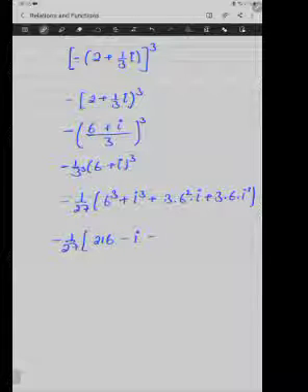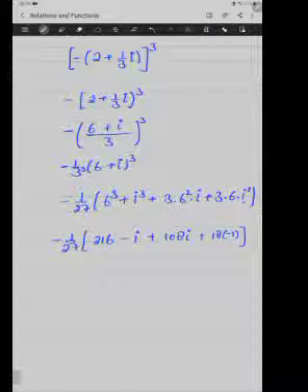Minus i, plus 36 into 3 into 8i, minus i square will make minus 1. Okay, minus 1, I'm writing like this in the first step. So it will be minus 1 upon 27, 216 minus 18, 196.